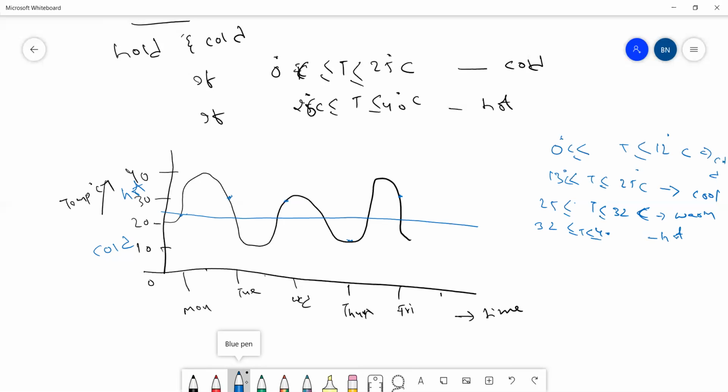Now as per this, you just see here. From 0 to 12 degrees centigrade, it is referred to as cold. From 12 to approximately 25 degrees centigrade, it is referred to as cool. From 25 to 32 degrees centigrade, it is referred to as warm. Above 32 degrees centigrade, it is referred to as hot.